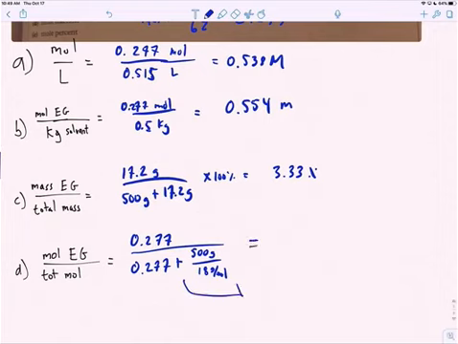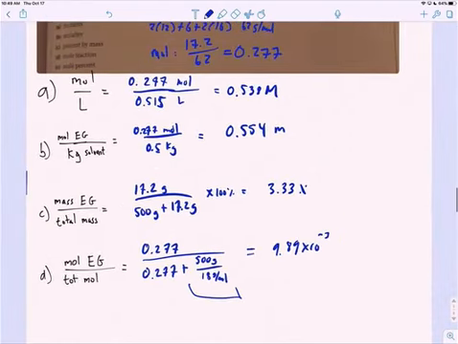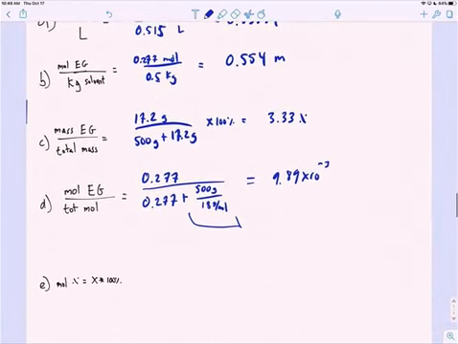Putting that all together is 9.89 times 10 to the minus third. Mole percent is just that number times 100. So the mole percent is 0.989%, because it's just this number times 100.